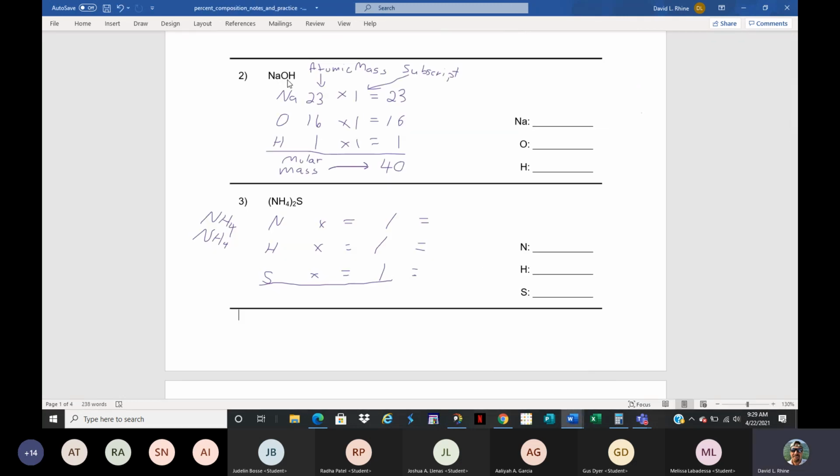Now, subscripts are 1 on all of these, so that's where these 1s come from. Then I just divide all of these by 40 and turn it into a percent. Okay?